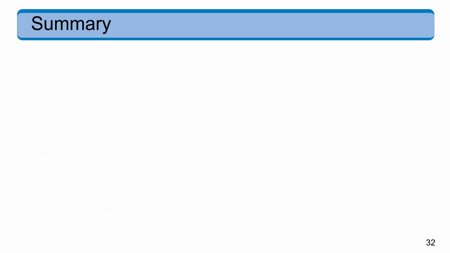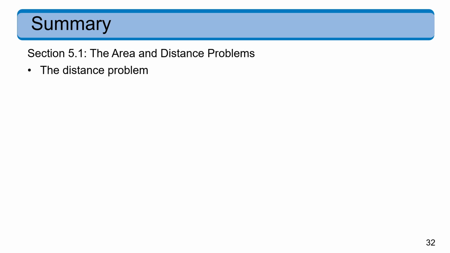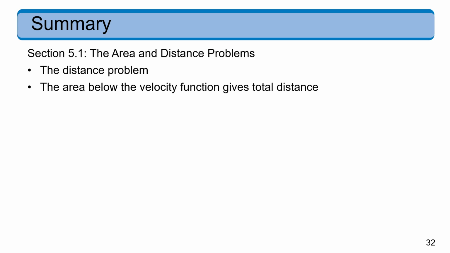To summarize what we talked about today, we started with section 5.1. In the previous lecture, we had discussed the area problem, and today we discussed the distance problem. And this problem is if you know the velocity, and especially if the velocity is not constant, how can we use that information to find the total distance traveled?